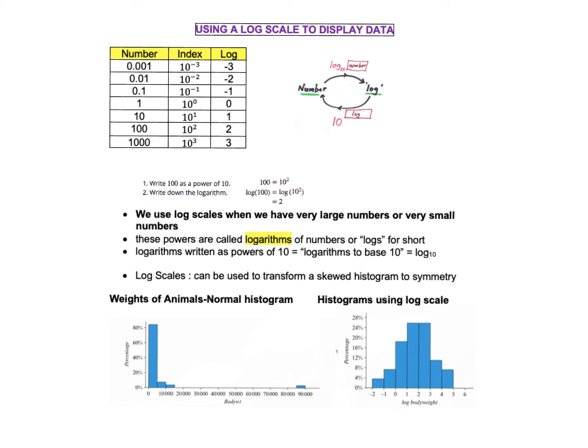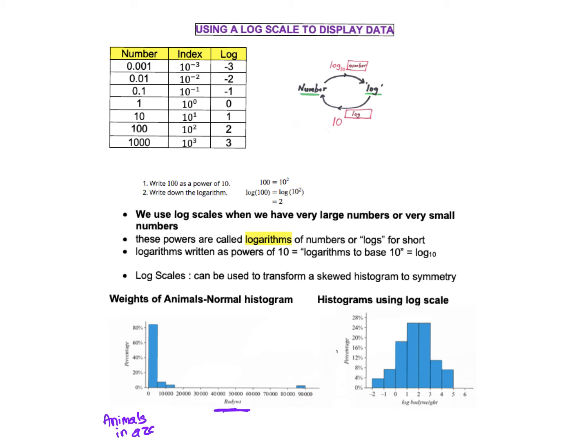Because we either have a really tiny number and a really big number, and when we put it on the histogram, it's stretching out this data greatly. So if you have a look here, probably down here is a good example. It said this was the body weight, and sorry, they've cut off the info, but this was the body weight of all these animals in a zoo, okay?